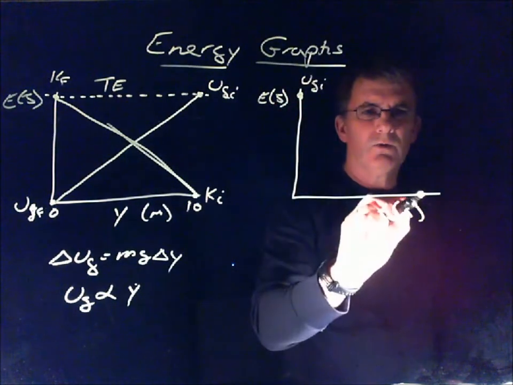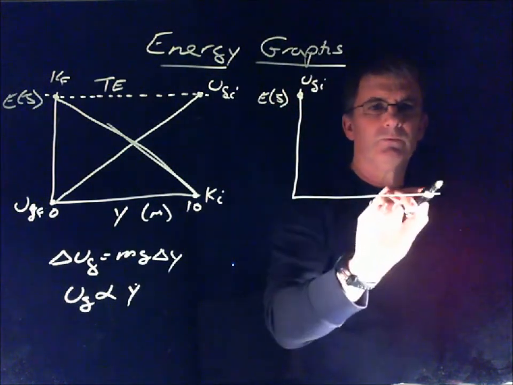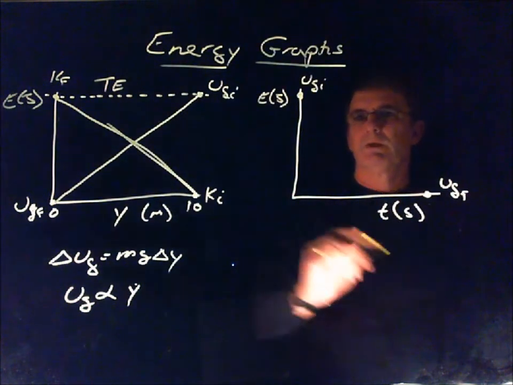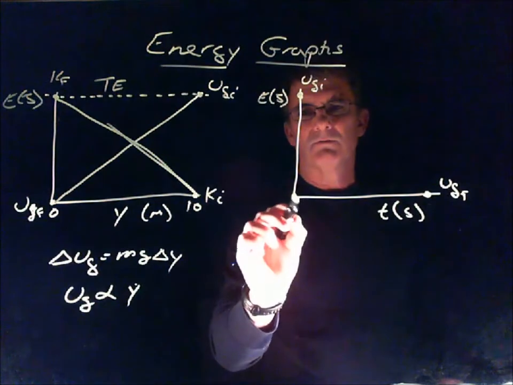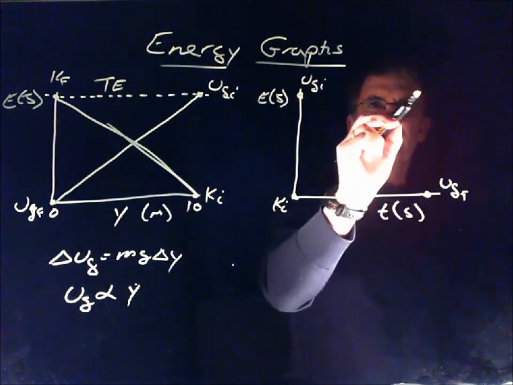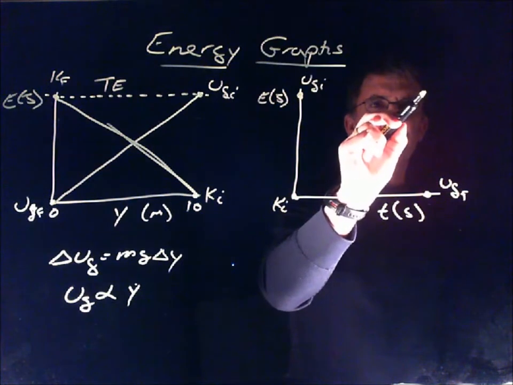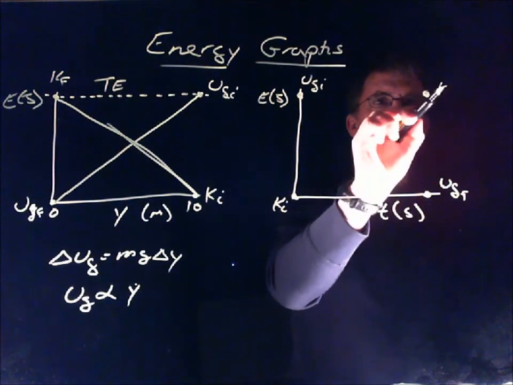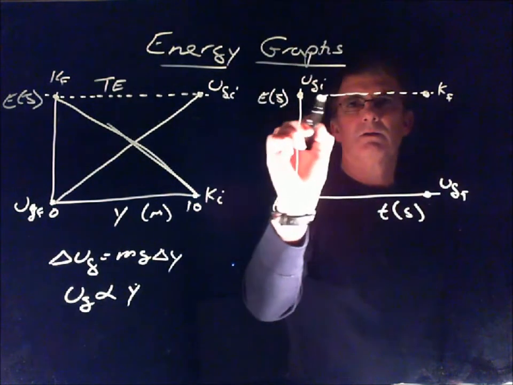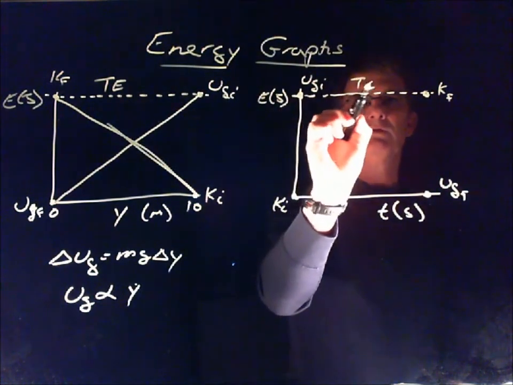We let it go. At some point later on, we have no gravitational potential energy because it hits the floor. At time equal to 0, our kinetic energy is 0. And then later on, right when it hits the floor, we have our final kinetic energy. And again, this is our total energy line.